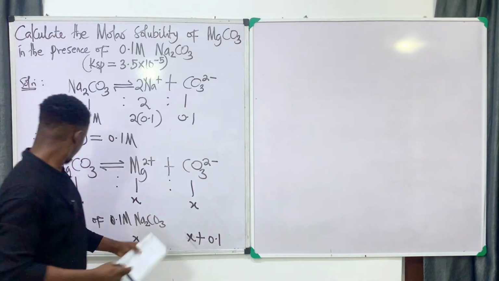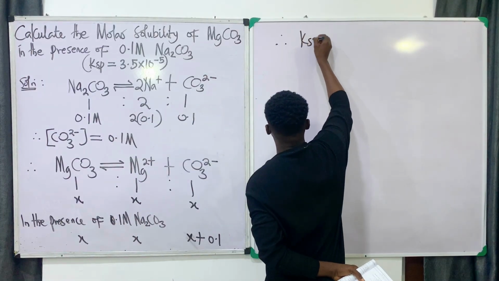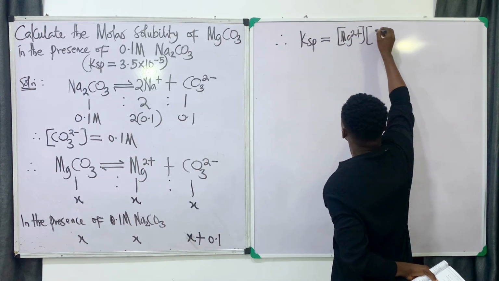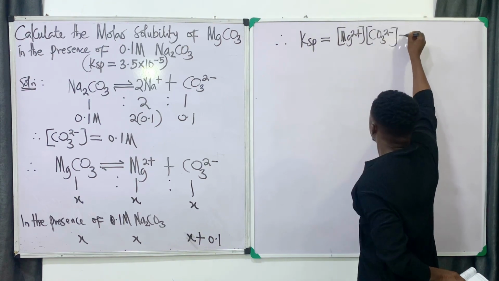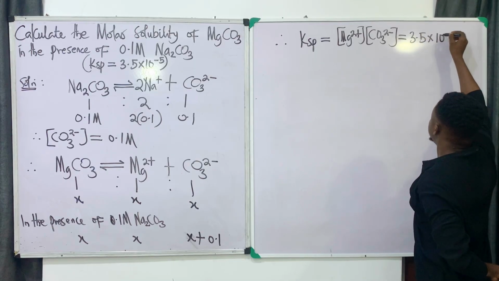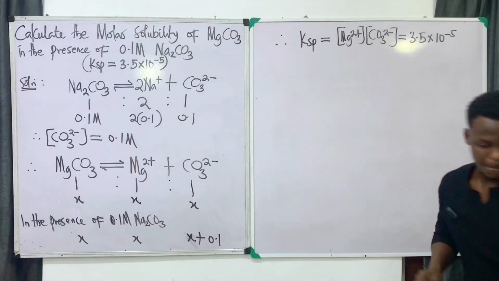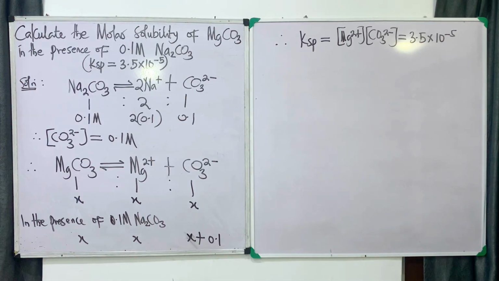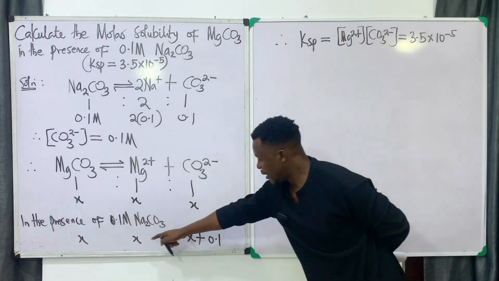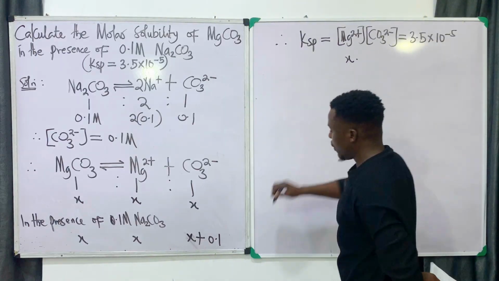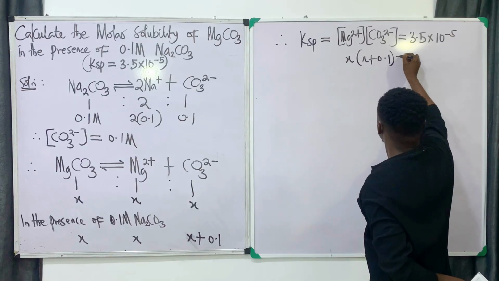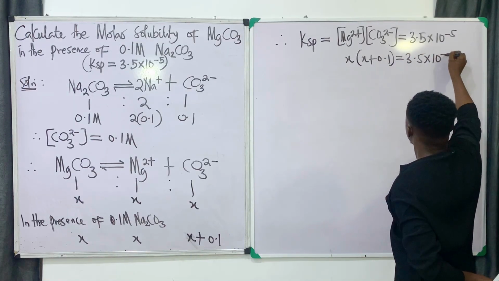So now the Ksp of MgCO3 is Mg2 plus times CO3 2 minus, and the Ksp is 3.5 times 10 raised to the power of minus 5. Now anywhere you see Mg2 plus, we put X. Anywhere we see CO3 2 minus, we put X plus 0.1, equals 3.5 times 10 raised to the power of minus 5.